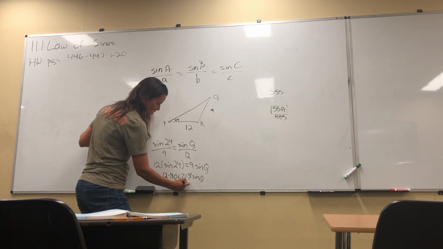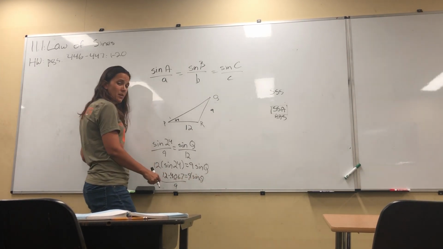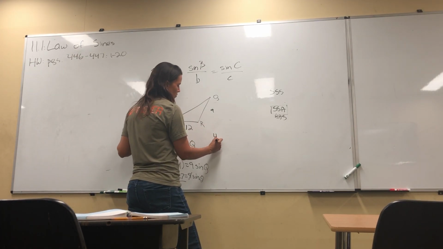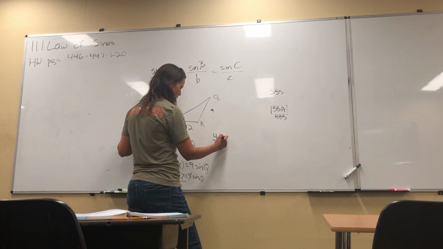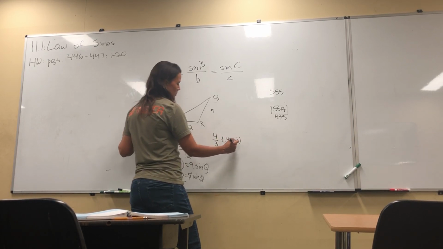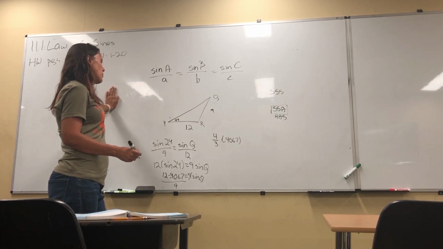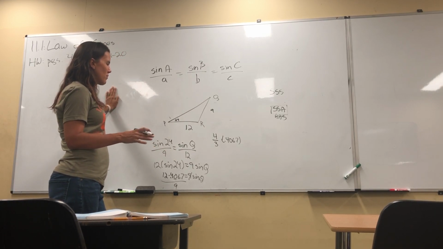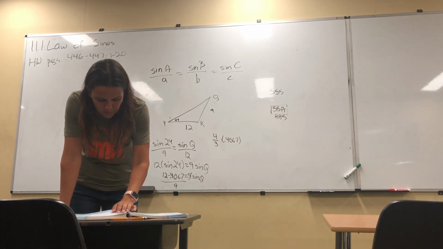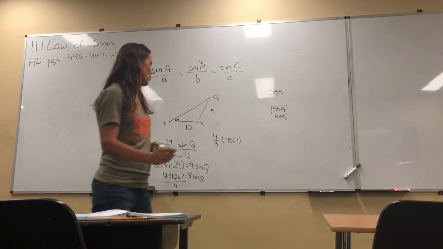Take the 9 there, divide it here. Now 12 and 9 can both be divided by 3, which simplifies things a little bit, right? 4 over 3 times 0.4067. So it's going to be about 1.6 divided by 3. It's going to be 0.5-ish. Let's see what the book gets. 0.5423.